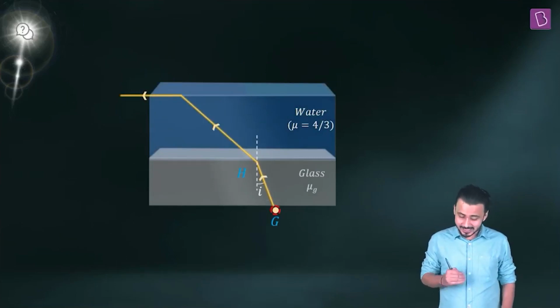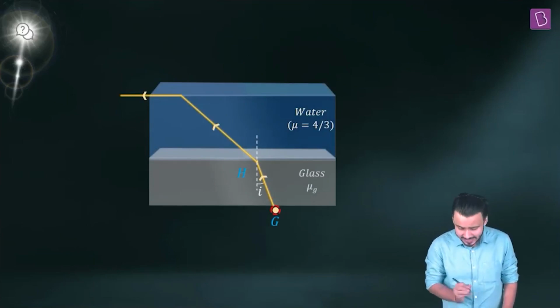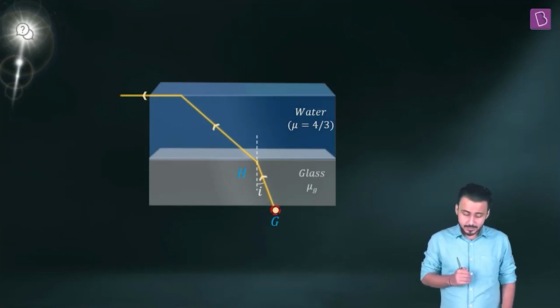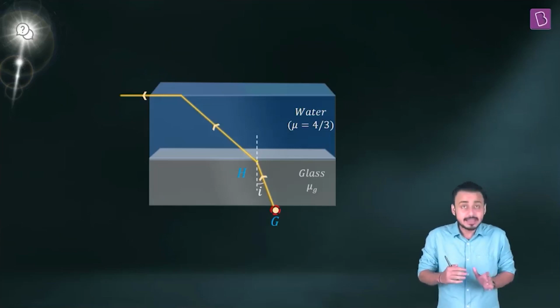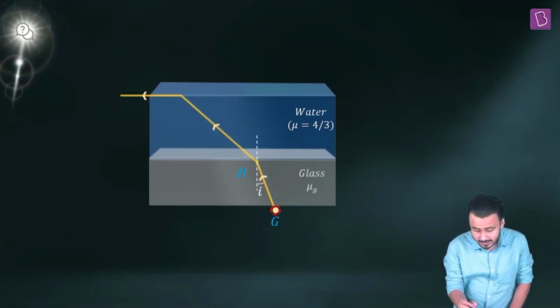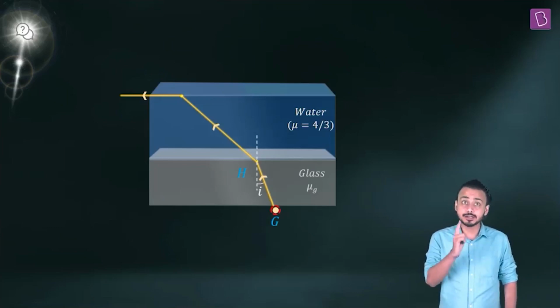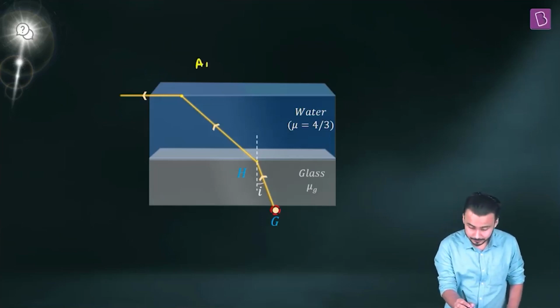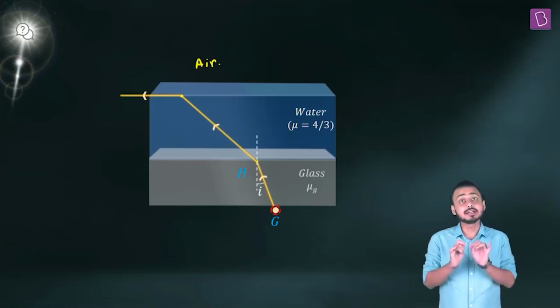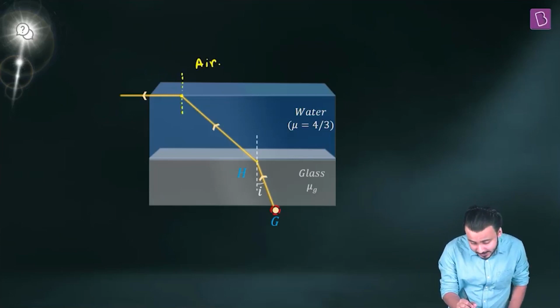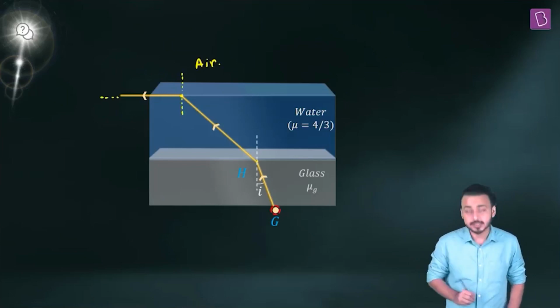The light ray first comes from somewhere, gets refracted at the glass-water interface, then travels in the water, and then gets refracted at the water-air interface. This is air. And it grazes along the water surface. That means it escapes into the air parallel to the water surface.